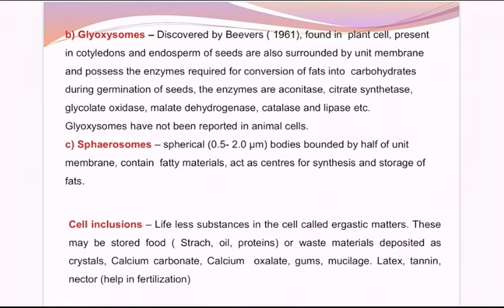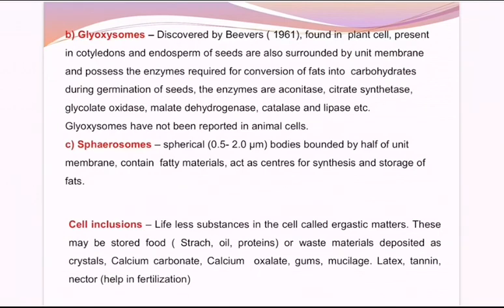Then you have glycosomes. These contain enzymes for beta oxidation of fatty acids and the glycolate pathway. Acetyl-CoA produced by beta oxidation of fatty acids is metabolized in the glycolate cycle to produce carbohydrates. Following this, they convert back into peroxisomes. Glycosomes were discovered by Beevers, and they are mainly for conversion of fats into carbohydrates.